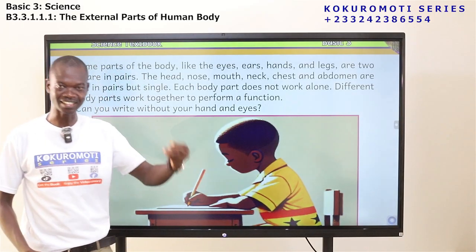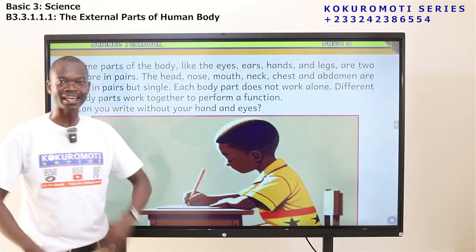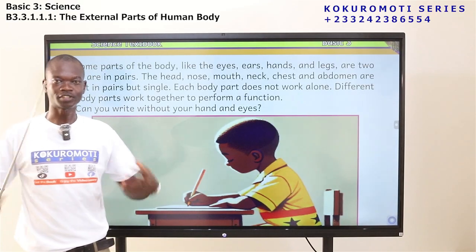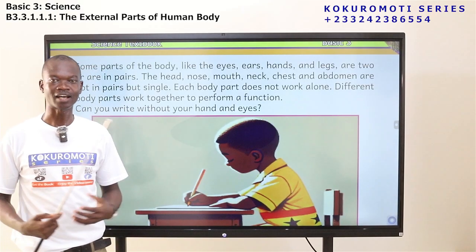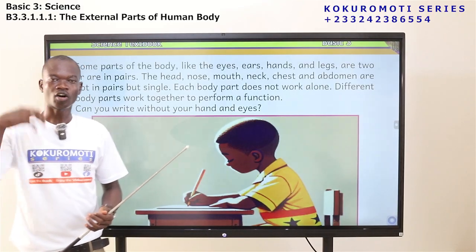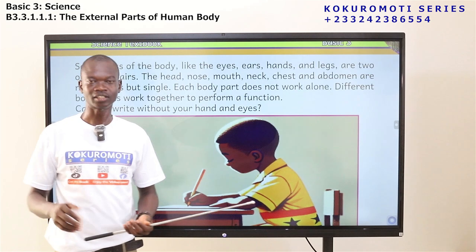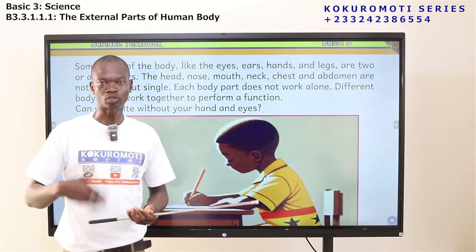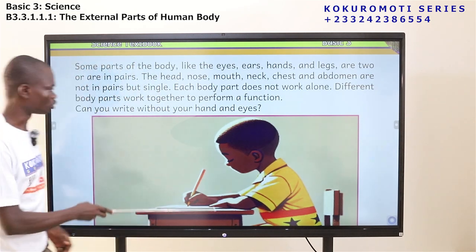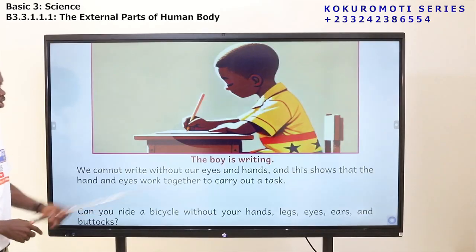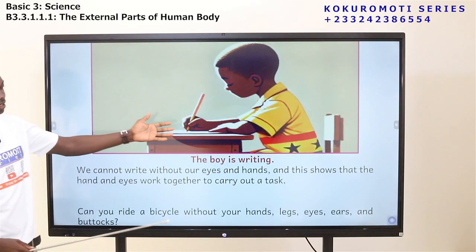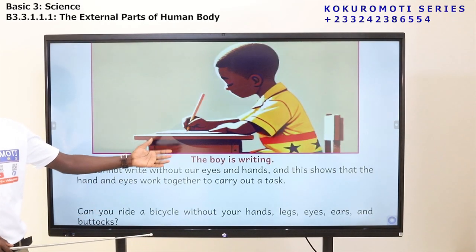The eyes can see, the legs can walk. We can use all parts of the body together. It means that all the body parts are what? Important, and each part depends on the other for the work that it does. Very good. So if you look at this boy, the boy is doing something. Which part of the body is the boy using?